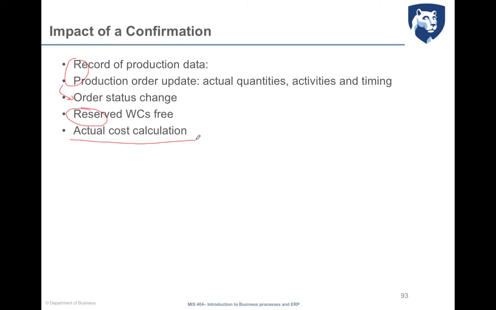So with goods issue, we know how much material has been costed to the organization. With the confirmation, we also know how much labor cost was due to realize this production order.